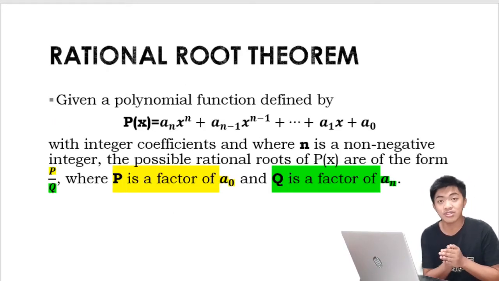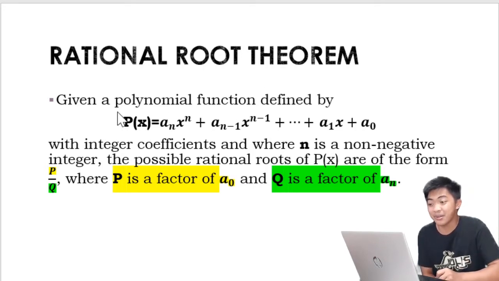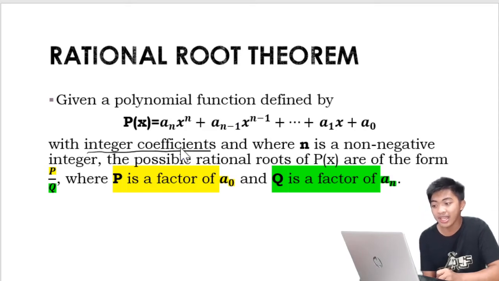So what is the rational root theorem? Given a polynomial function defined by p of x is equal to a sub n x to the n, and so on down to a sub 1 x plus a sub 0. This is just a polynomial. Don't get intimidated by this. This is just a given polynomial na yung polynomial na yun ay may integer coefficients. Integer coefficients meaning yung mga numerical coefficients ay hindi fractions.